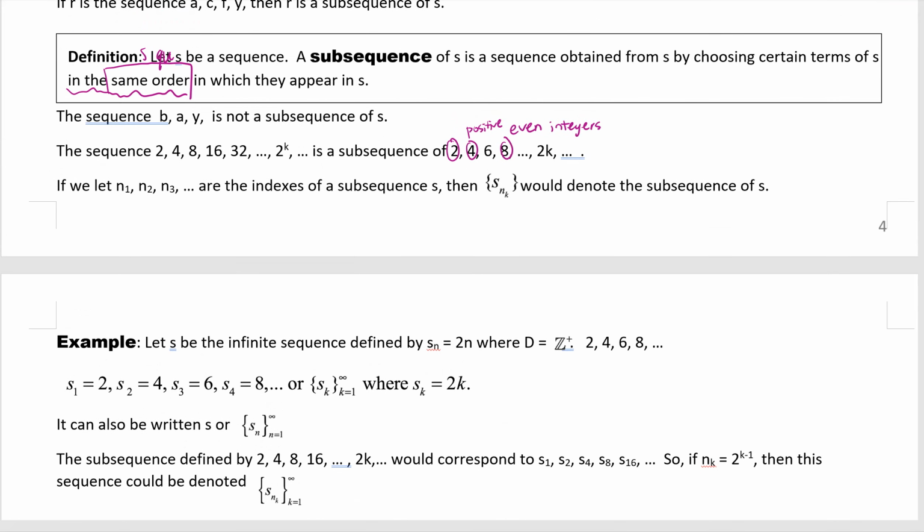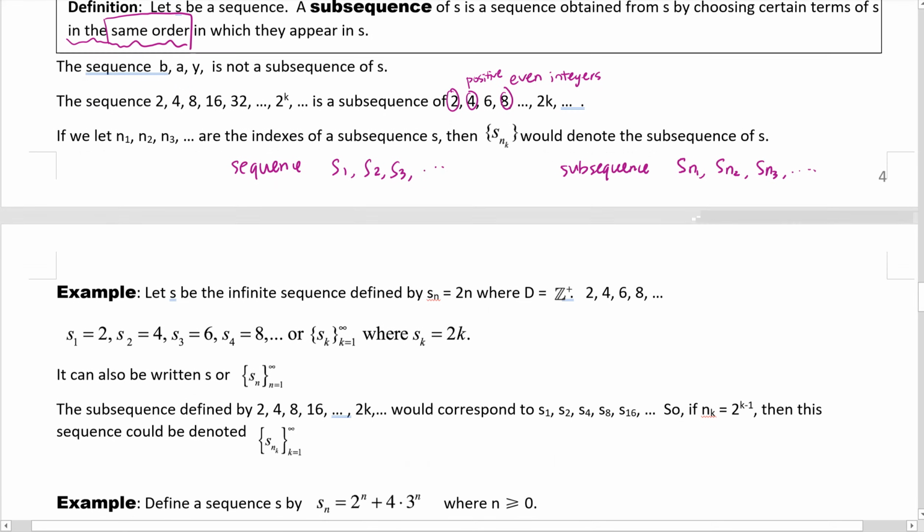So for a sequence, we have the index: S1, S2, S3, S4, etc. Then for a subsequence, we can denote S_n1, S_n2, S_n3, because we also want to count how many terms the subsequence has. Then n_k is the kth term of the subsequence. But n1, n2, n3 also belong to the big indexes 1, 2, 3, 4, 5.